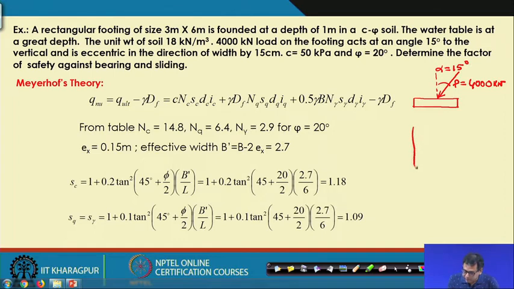And if we draw the plan of the footing, this is the center line of the footing and the load is eccentric with respect to it. So I have to just correct this one.